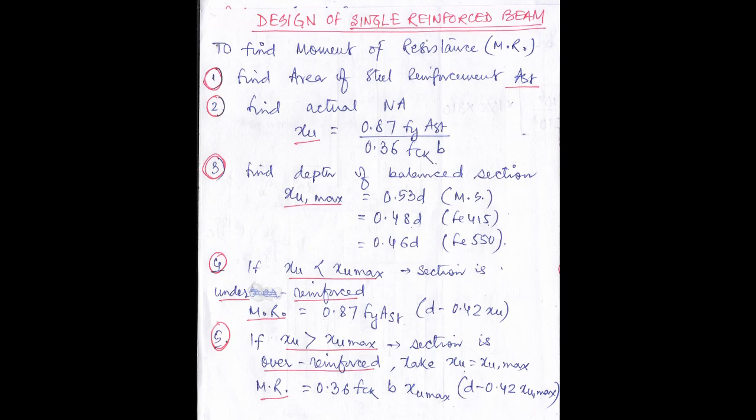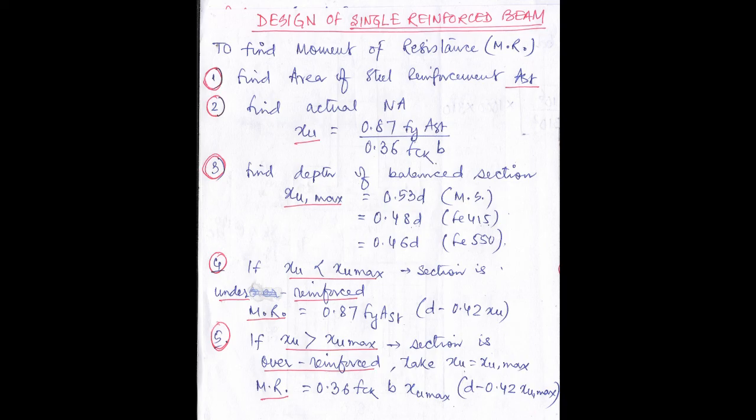Okay. Step number 4. In step number 2, you have found XU, that is the actual NA. In step number 3, you have found XU max, that is the depth of the balanced section. So if XU is less than XU max, you have to write that the section is under reinforced.